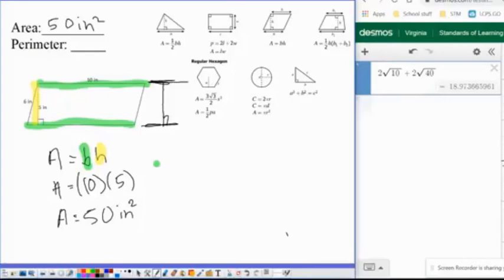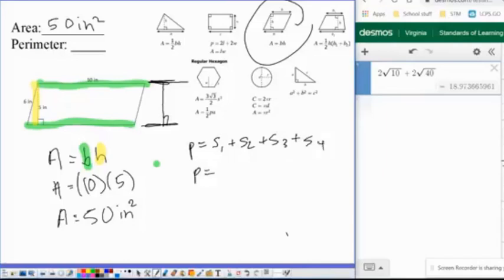Now for the perimeter, we want to add all sides. So we just need to know that for a parallelogram, opposite sides are congruent. So the opposite parallel sides happen to be congruent, and we can see that the perimeter is going to be those 4 sides, side 1, side 2, side 3, and side 4.